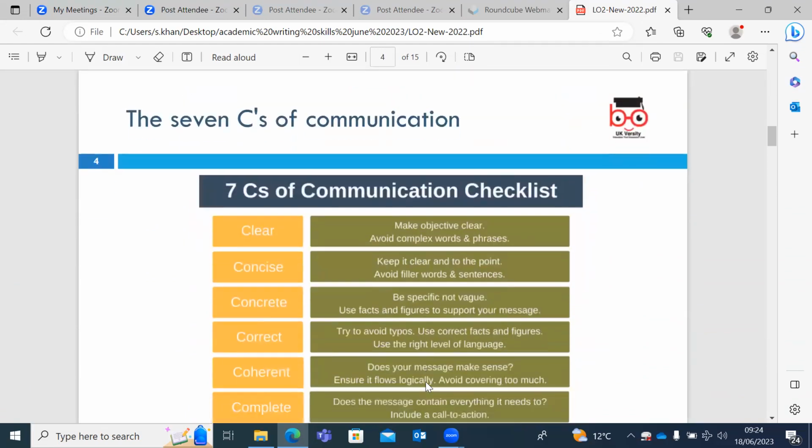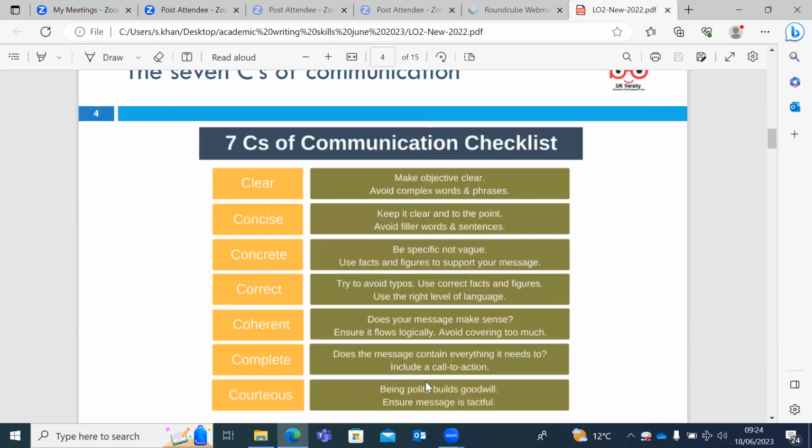So we've got the 7 C's of communication. Firstly, clear, which is to make the objective clear and avoid complex words and phrases.